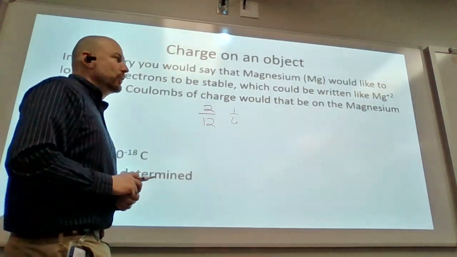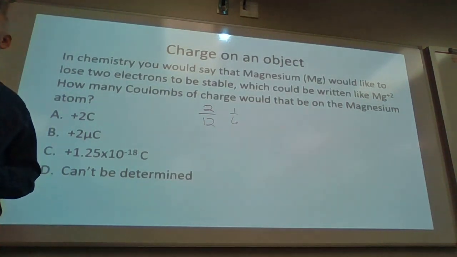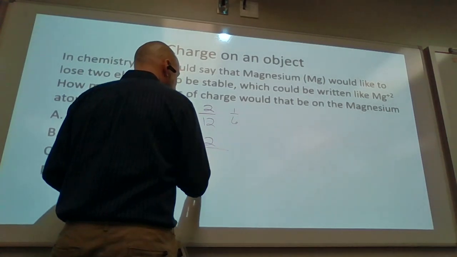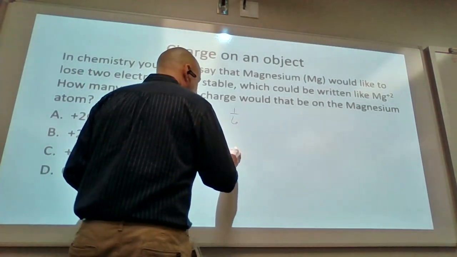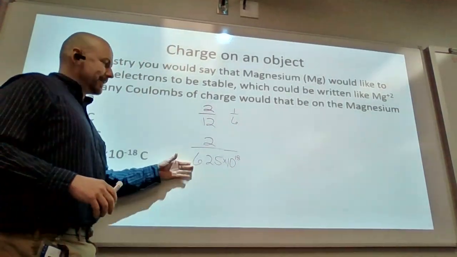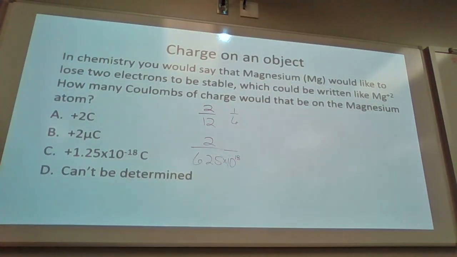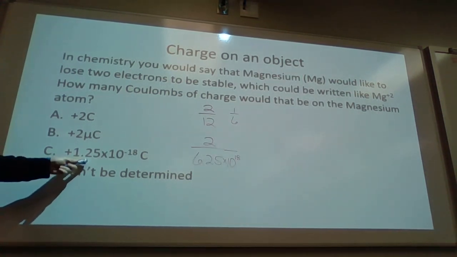If I gave you 2 extra protons, that is 2 over 6.25 times 10 to the 18th, because that's how big our carton is. Correct answer is C.